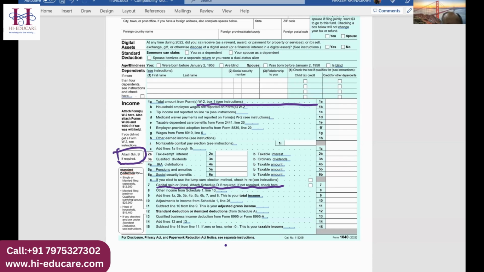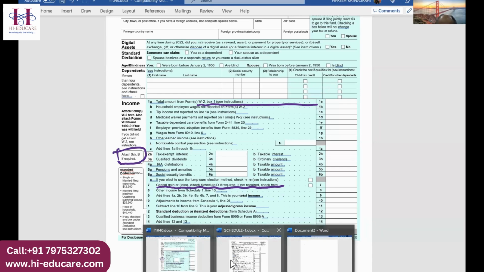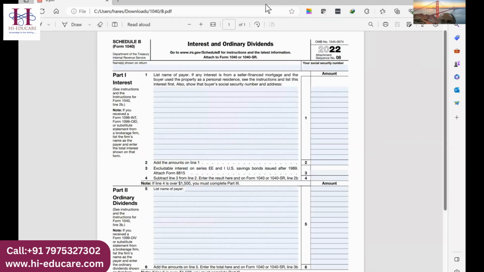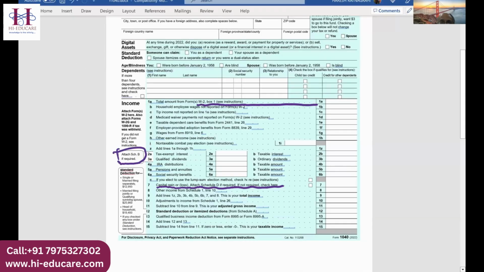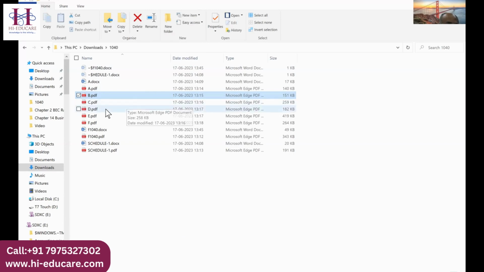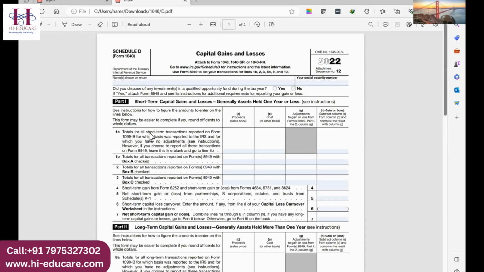Let me open Schedule D. You can see Schedule D, capital gains and losses.